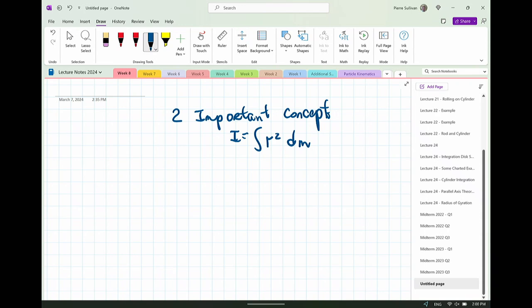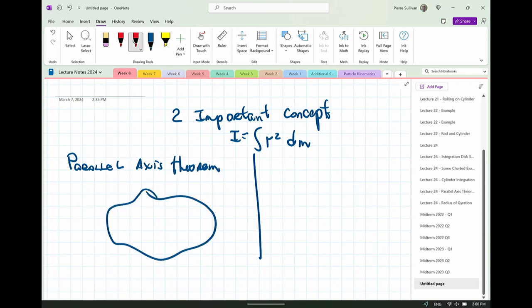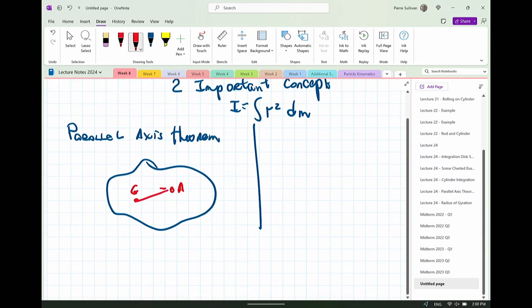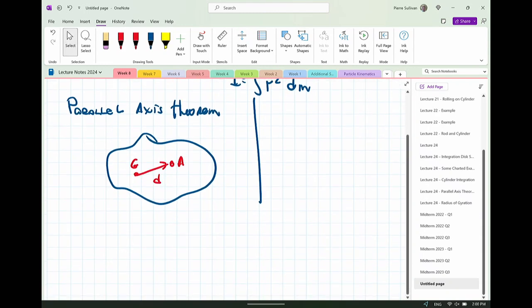Separately, you need to know the parallel axis theorem. So you have some sort of object, A and G, and the distance d away, I_A equals I_G plus m d squared.